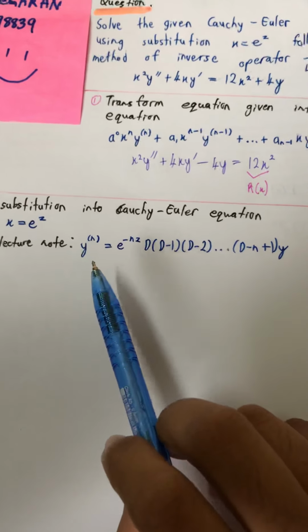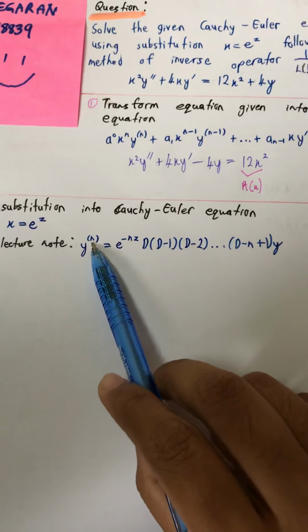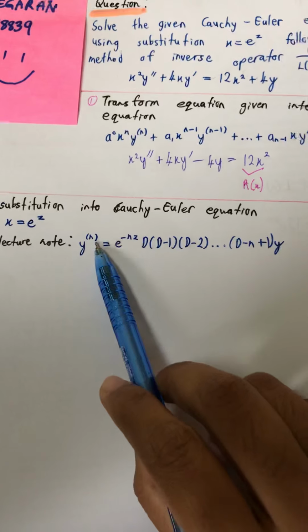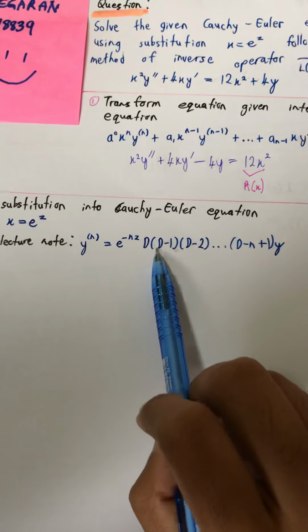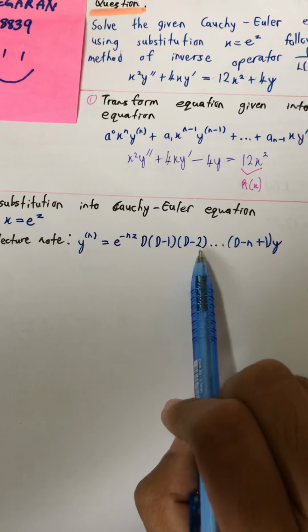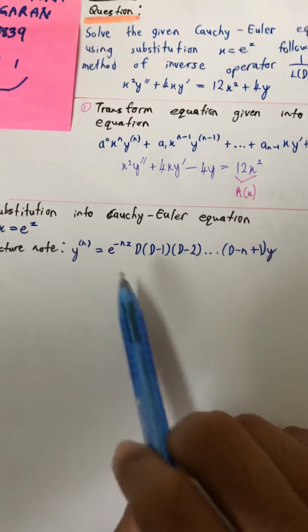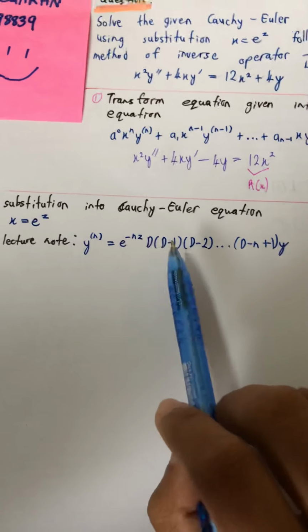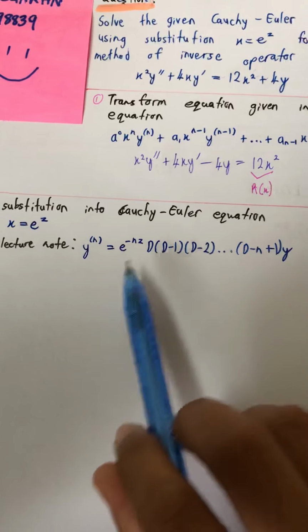Here, for y to the power of n, where n is the order of the derivative, it equals e to the power of minus nz, D, D minus 1, D minus 2, until D minus n plus 1, y. So here we can find y prime and y double prime using this general formula.